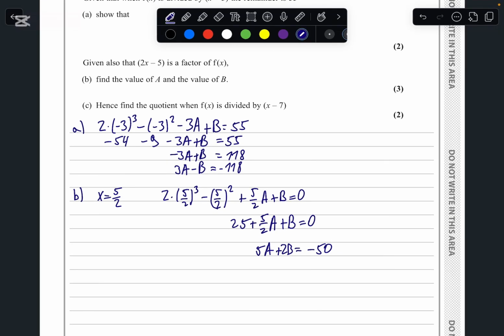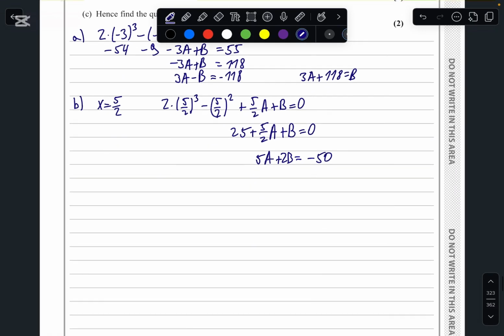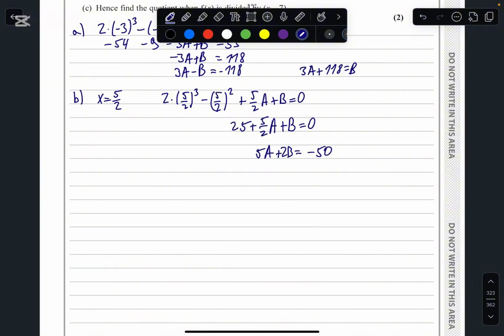If we rearrange this, we get 3a plus 118 equals b. Substituting that with b, we get 5a plus 2 times 3a plus 118 equals minus 50.